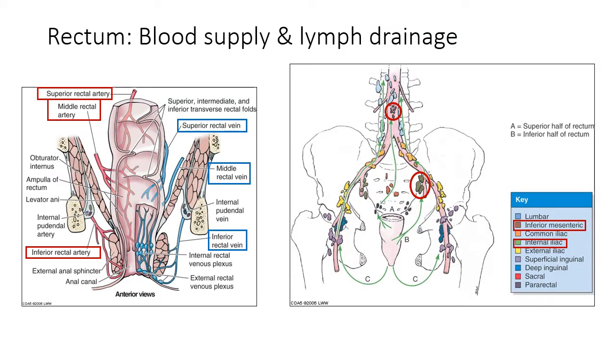Blood supply of the rectum and lymph drainage of the rectum. Now, in one of the previous slides I mentioned that it will make it easier for you to divide the rectum into thirds, and this is very relevant when it comes to the lymphatic drainage and blood supply.